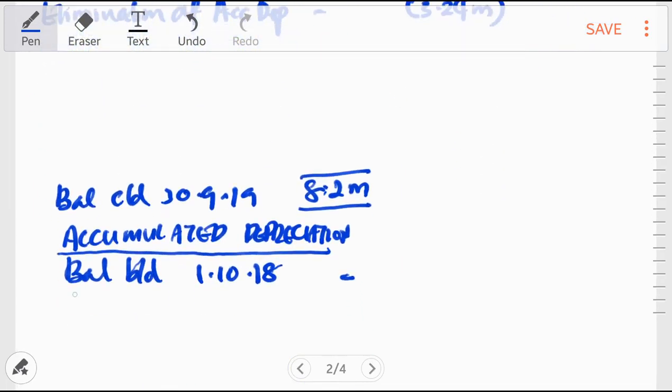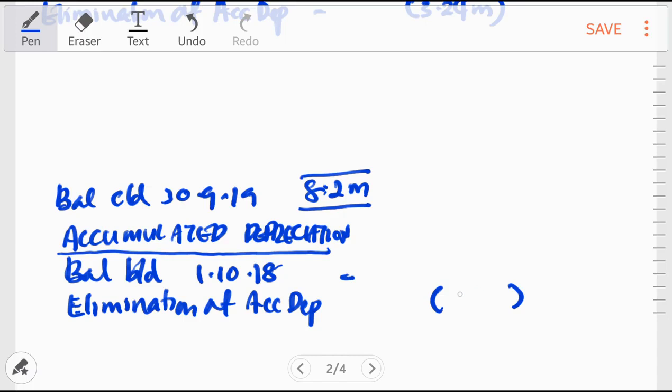So the same thing will be done here. Elimination of accumulated depreciation, so also deducting the figure here, 3.24 million. Okay.